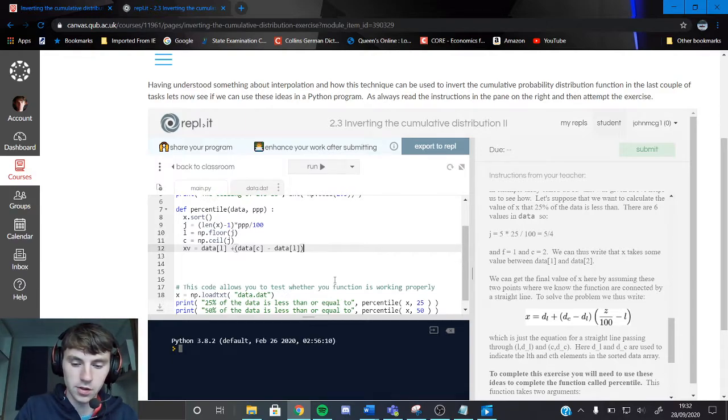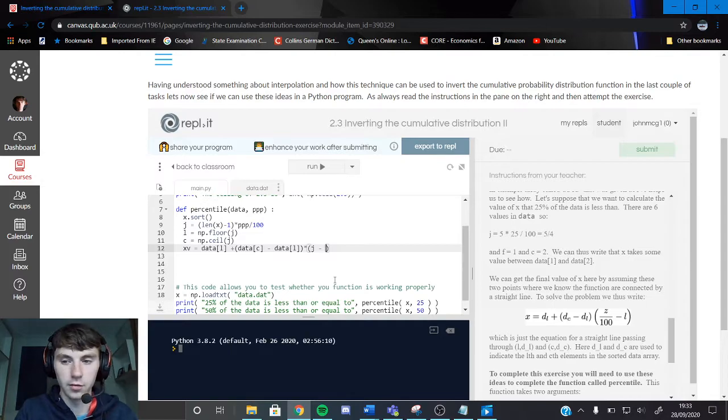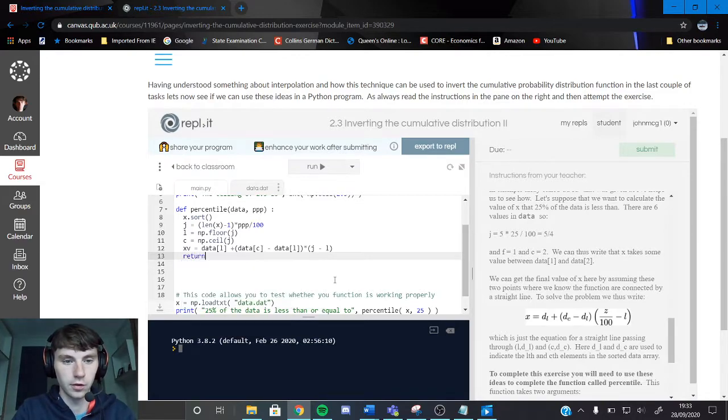What he says here is z over 100, but I found that doesn't work. I think it's actually j, because that is the exact point that we're working with, minus L, which is the first point, and that was what he was explaining when he was explaining the interpolation function. So we'll return that x value, and that should sort everything out.